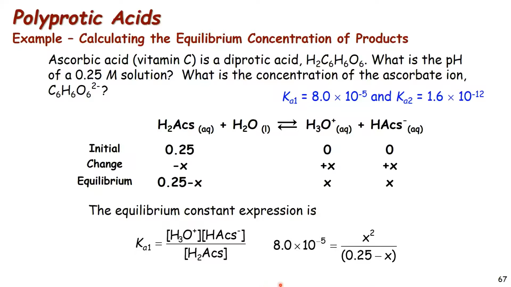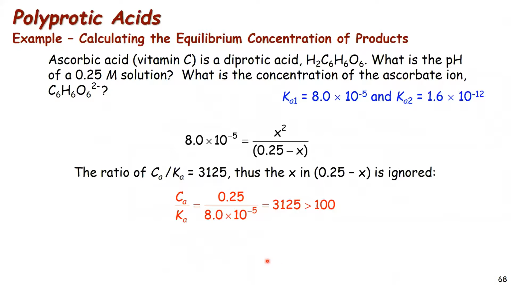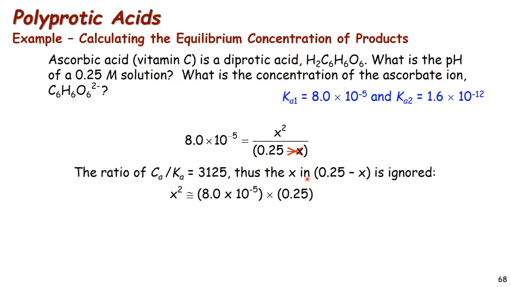Again, I don't want to have to solve the quadratic formula, so I'm going to take the initial concentration divided by the Ka value, and if that's greater than 1,000, we'll be able to ignore this -x term, okay? So 0.25 divided by 8.0 times 10 to the negative 5th is 3,000. That is greater than 100, so we're going to be able to ignore the -x term, okay?